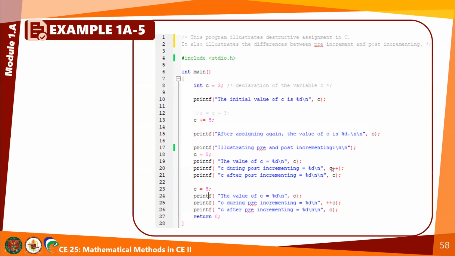So what happens here? C++. Ano yung ipiprint ng program dito? So, in post-incrementing, you add 1 to the value of C after the line. Okay? So, after the line. So, ibig sabihin, at line 20, ang value pa rin ng C is equal to 5.